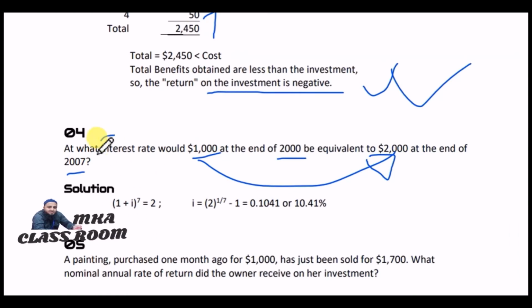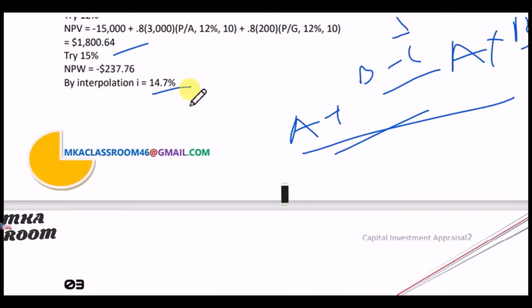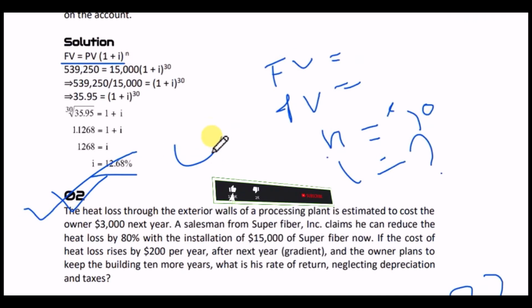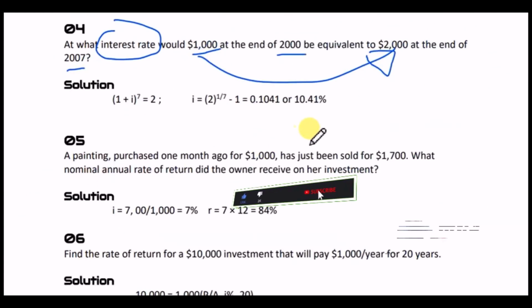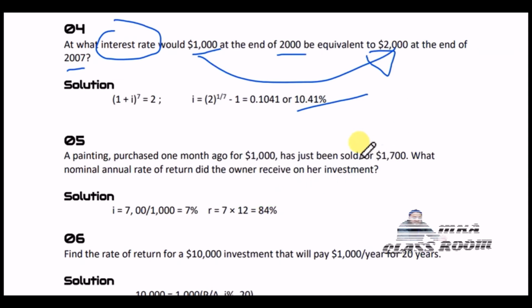You have to find out interest, as in example 1. It is a simple future value problem. This is the future value, this is the present value, n equal to 7.